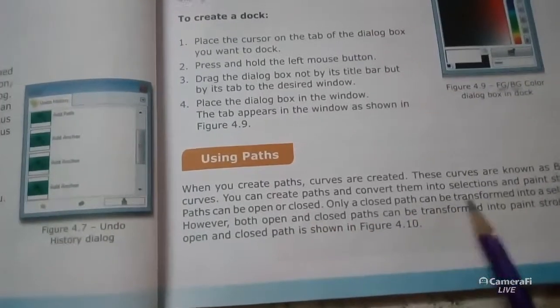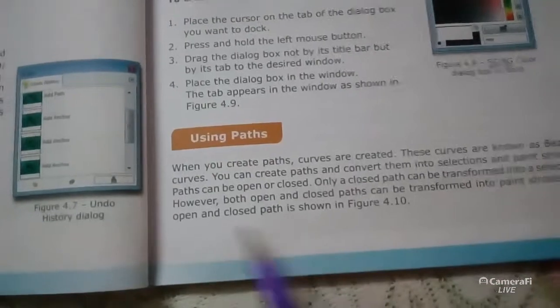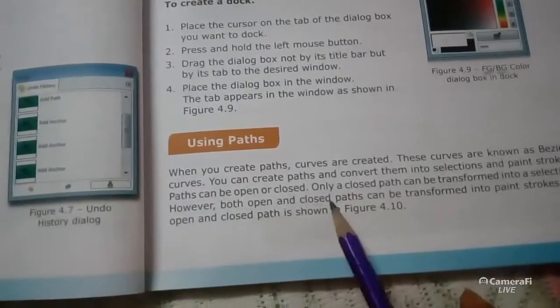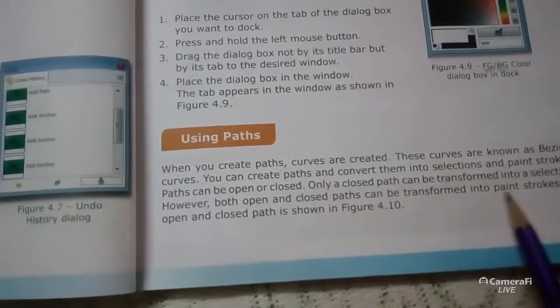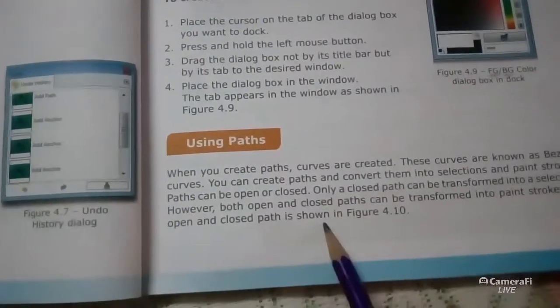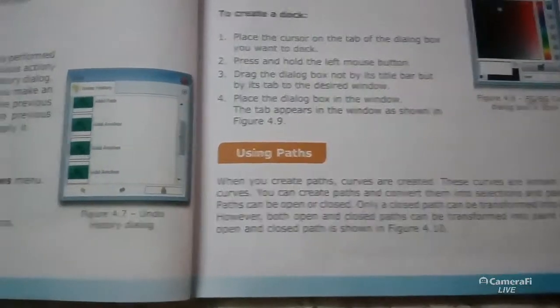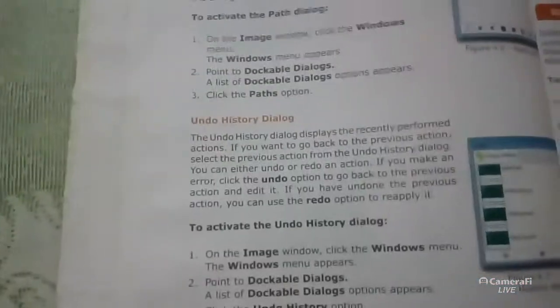Only a closed path can be transformed into a selection. However, both open and closed paths can be transformed into paint strokes. Open and closed paths are shown in figure 4.10. Turn the page and see figure 4.10.